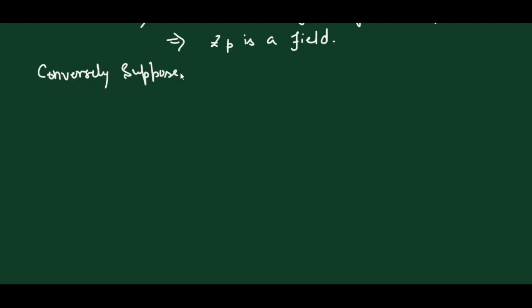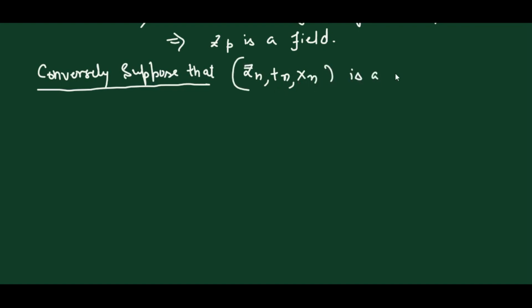Now conversely, suppose that Zn with respect to this operation is a field. What we have to show?